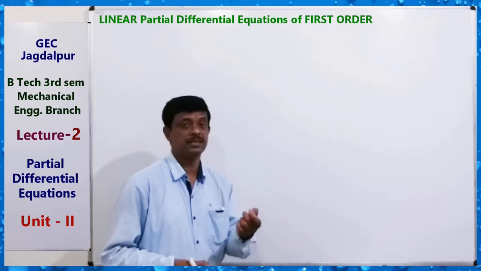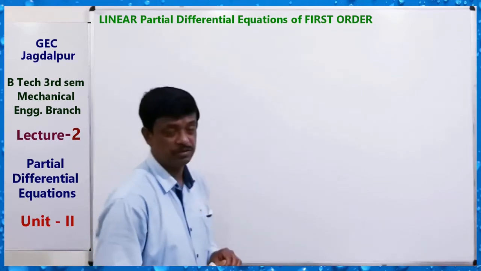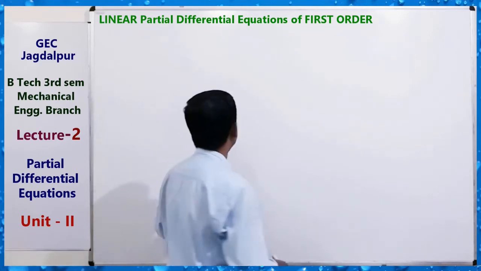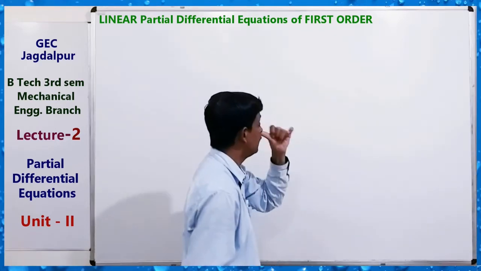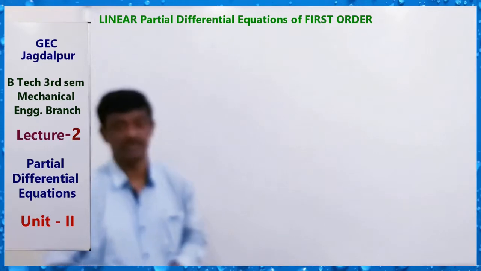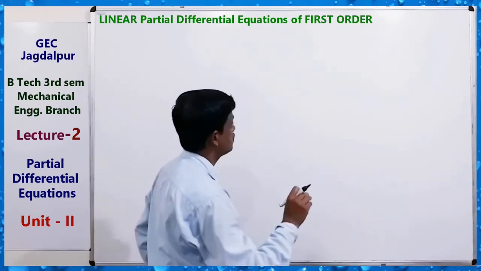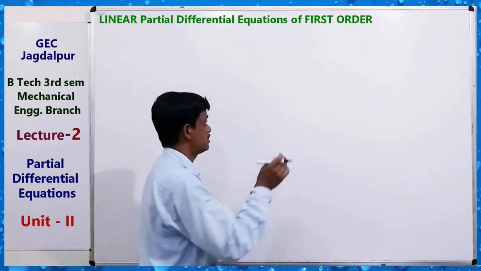Del z by del x and del z by del y, linear partial differential equation. So for linear partial differential equations there is a special name here: Lagrange's linear equation. Generally linear partial differential equations are written in standard form.